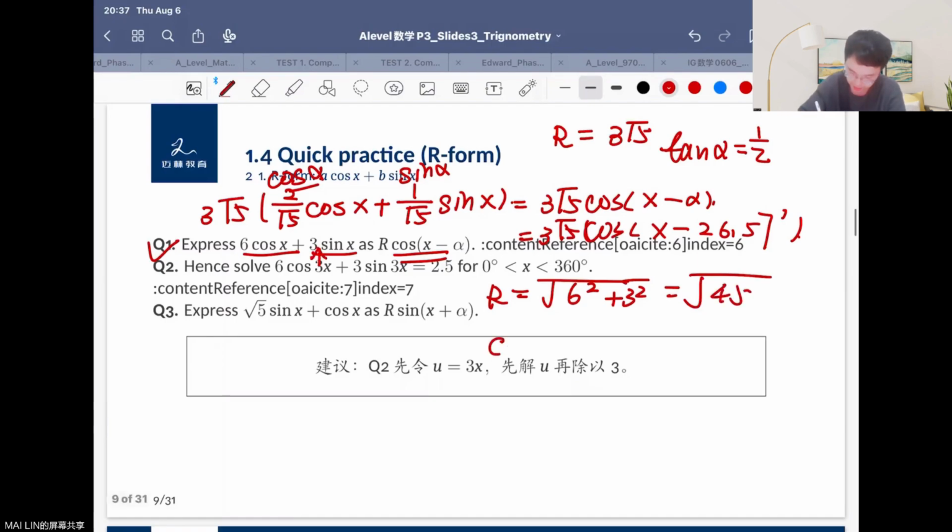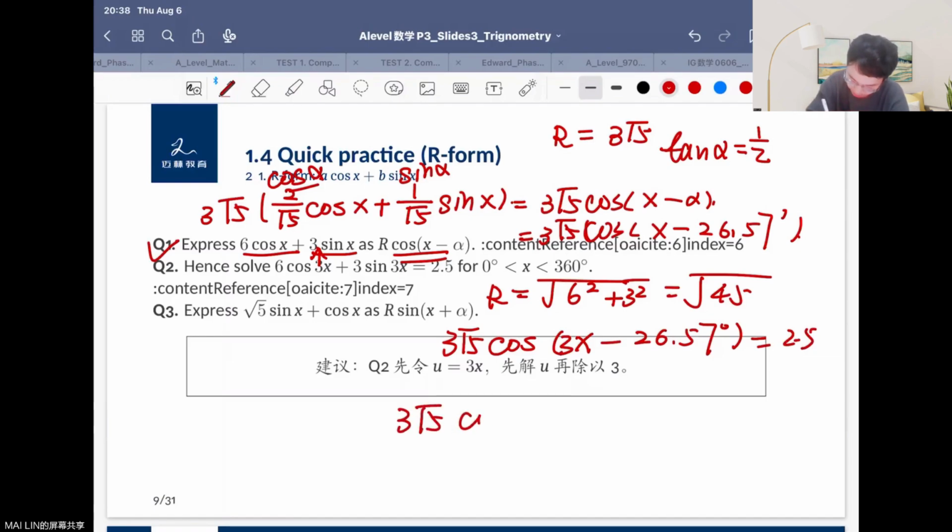So we can consider here 3 times square root 5 times cosine of 3x minus 26.57 degrees equals 2.5.